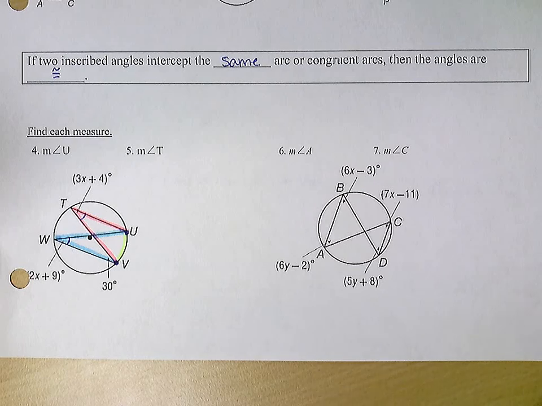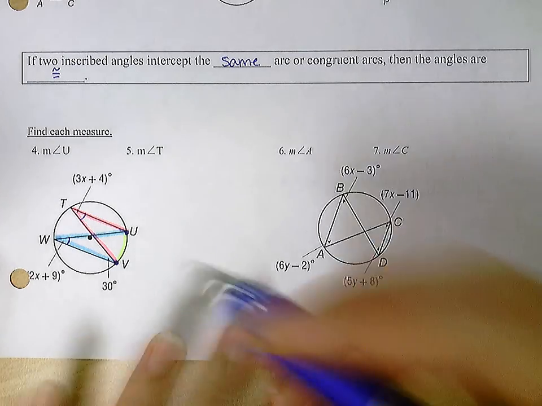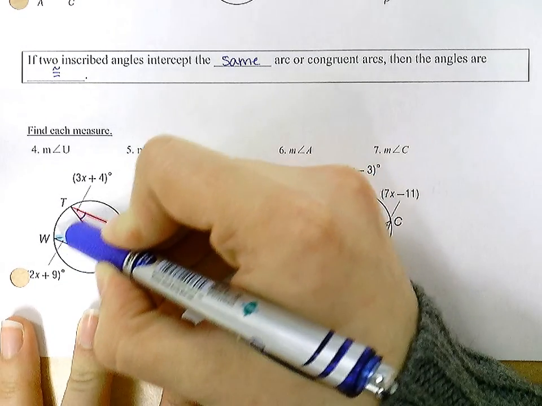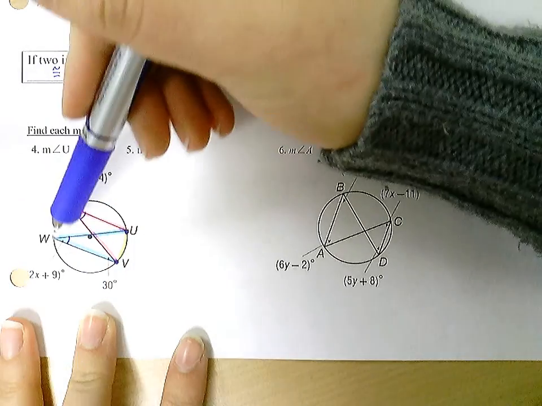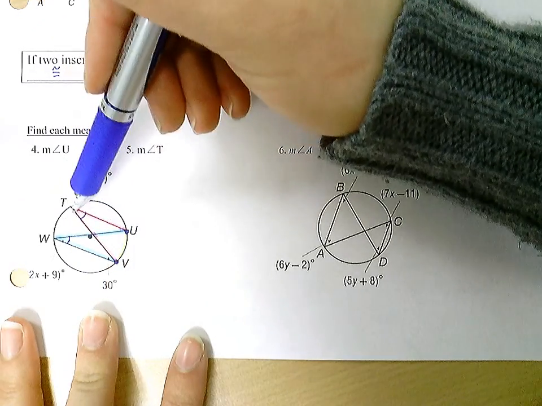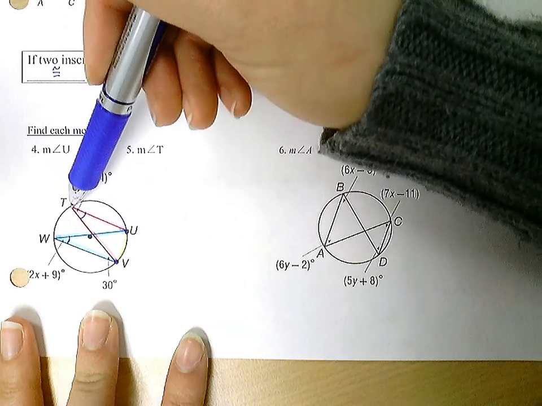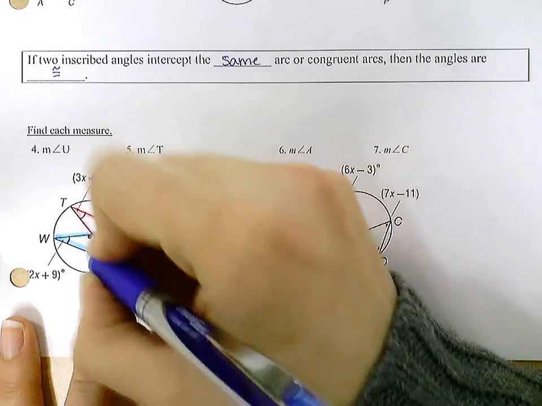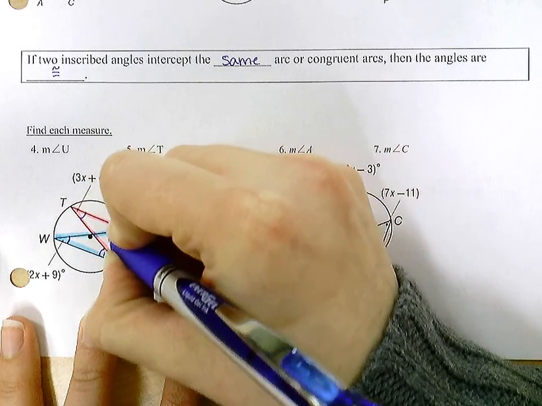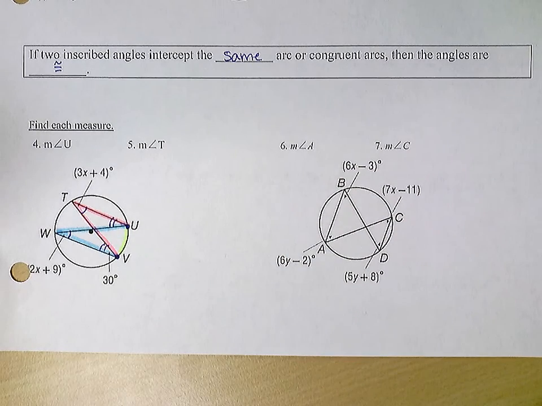Same thing with arc WT. If I look at arc WT, my 2 angles that intercept that arc would be WVT and WUT. So both of those angles intercept that arc, so they would have to be congruent to each other as well.